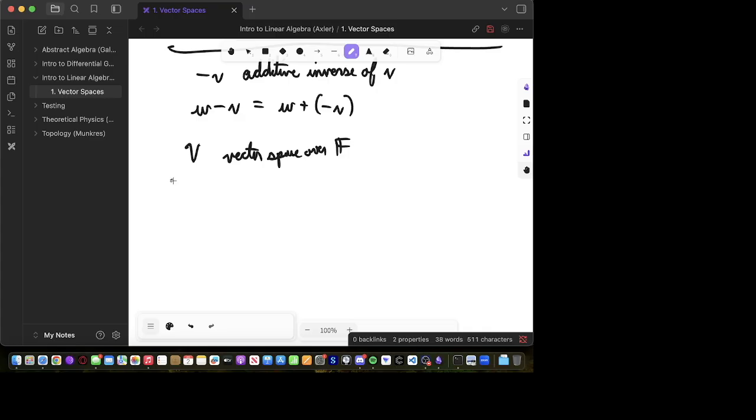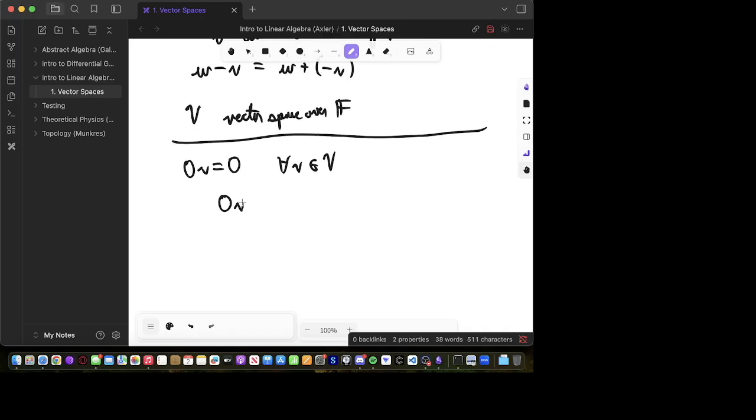Let's prove something else. We want to show that 0 times V equals 0 for every V in the vector space. So let's take 0V. We know that 0 equals 0 plus 0 in both real numbers and complex numbers, and also in fields as well, but you might not know about that.